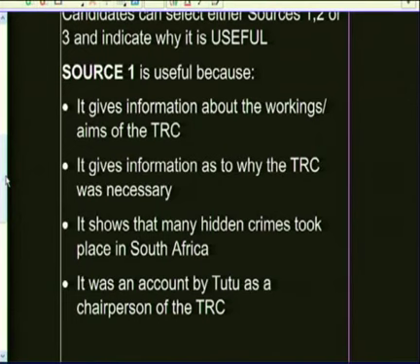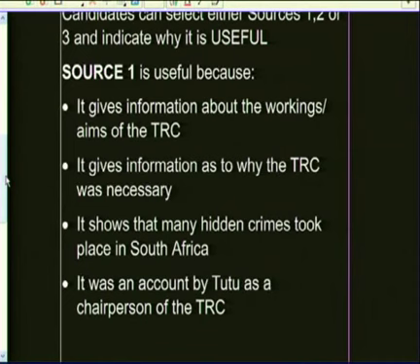It shows that many hidden crimes took place in South Africa. Bishop Tutu did say that South Africa's past was dark. It was hidden. So people, or the TRC, needed to unearth the truth. It was an account by Tutu as a chairperson of the TRC. Remember, that is what I started with, that when you're looking at the caption of the source, and it tells you that there was a statement made by Bishop Tutu, you already know that he was in charge of the TRC.